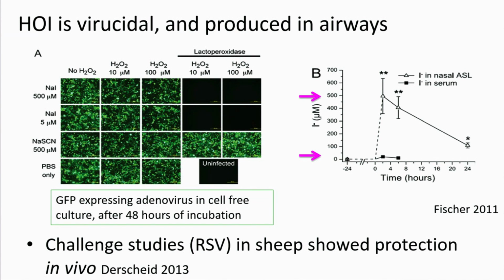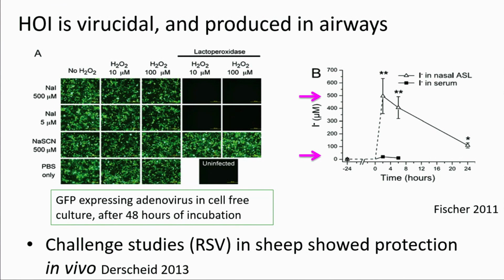And you can see, if I can make this work, that in the cell cultures that used sodium iodide at two different concentrations, high concentration and low concentration, there's no viable virus left.